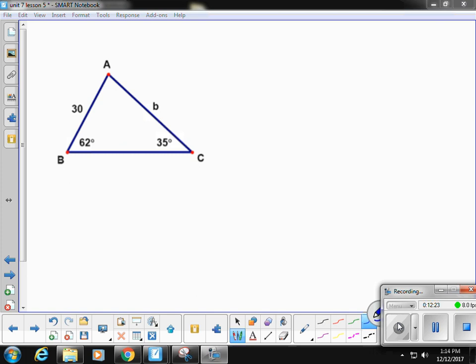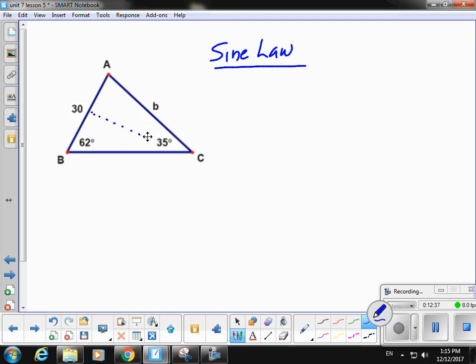For this triangle, we decided we couldn't use SOHCAHTOA or Pythagorean theorem. We did, however, have an angle side pair complete, so I can use the sine law. So let's set up the sine law using the letters A, B, and C. Sine A over A equals sine B over B, sine C over C. Okay, putting the right numbers where they belong.